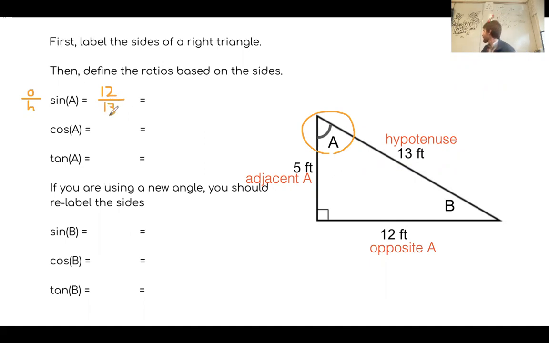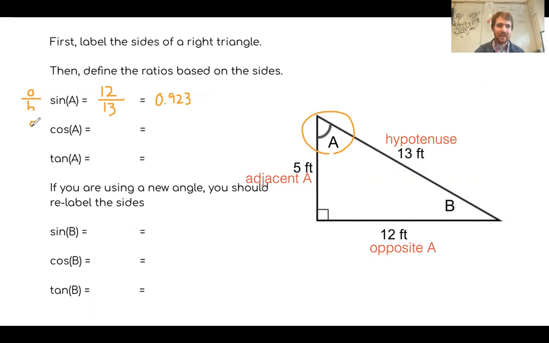And I'm going to have to grab a calculator. Good thing I'm still in my classroom. 12 divided by 13 can round to a couple decimal places, 0.923. I would recommend when doing trigonometric ratios, use at least 3 decimal places. All right, now we'll do cosine.